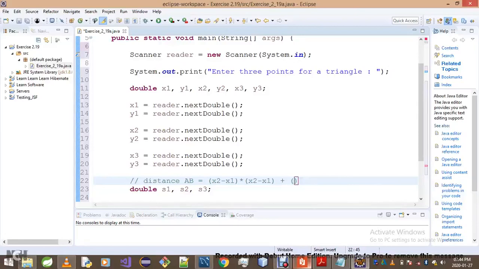So as I was saying, the distance between A and B is x2 minus x1 squared plus y2 minus y1. If we square that, that is equivalent to saying y2 minus y1 multiplied by y2 minus y1.